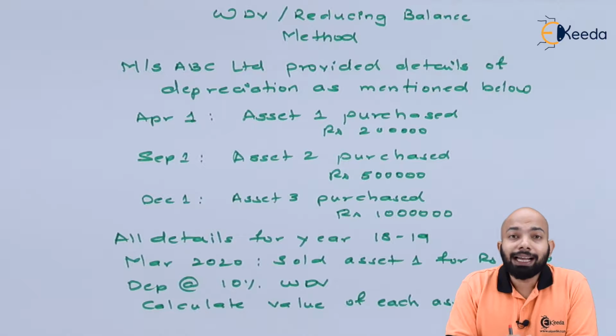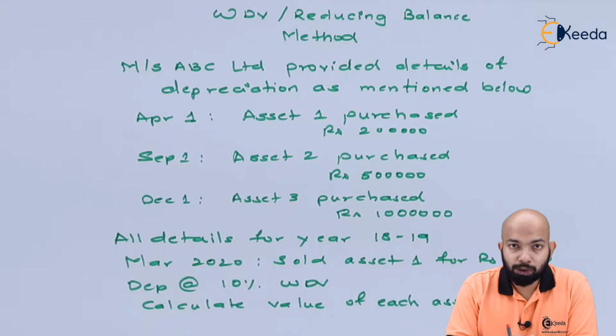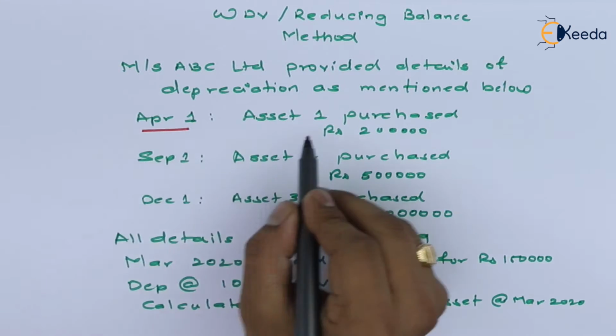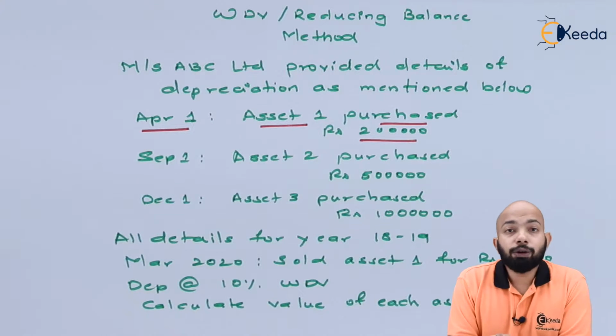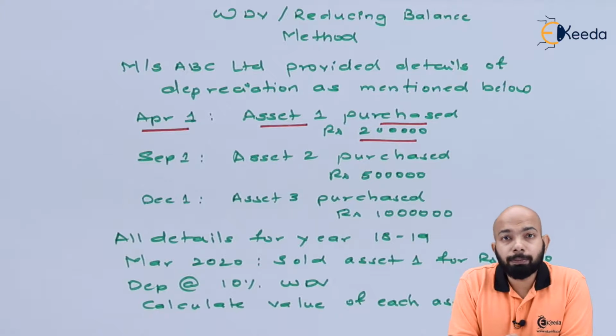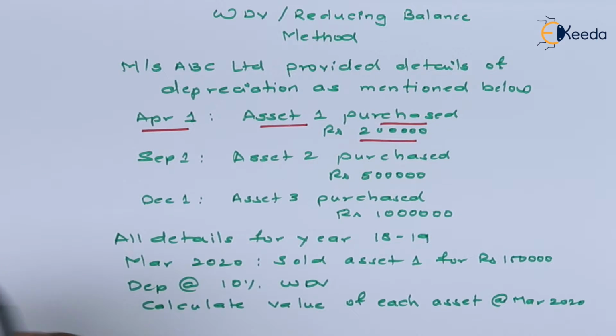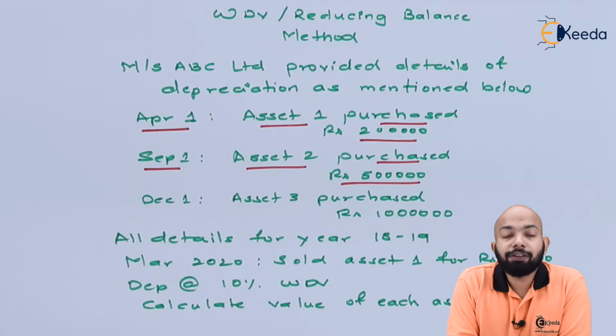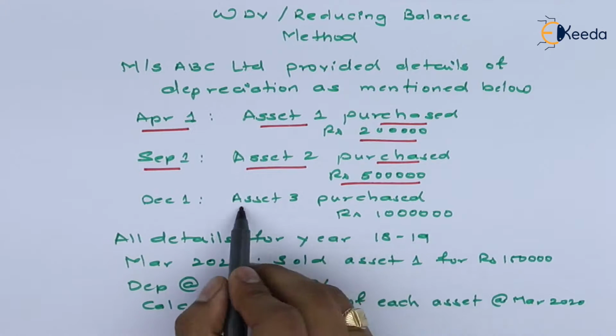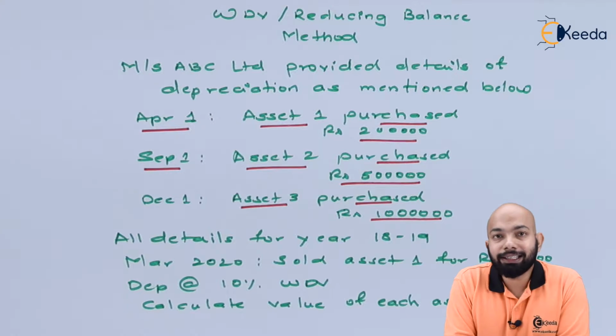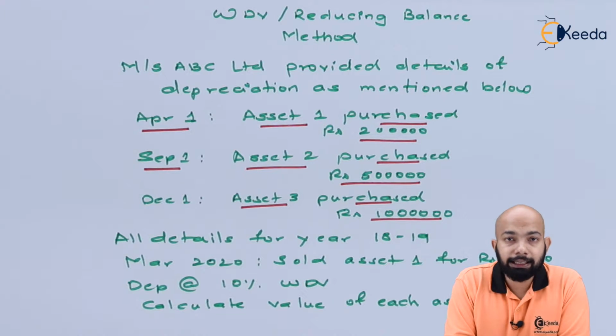On 1st of April, asset 1 has been purchased for rupees 2 lakhs. On 1st of September, asset 2 has been purchased for rupees 5 lakhs. On December 1st, the third asset has been purchased for rupees 10 lakhs. All these details pertain to the year 18-19.